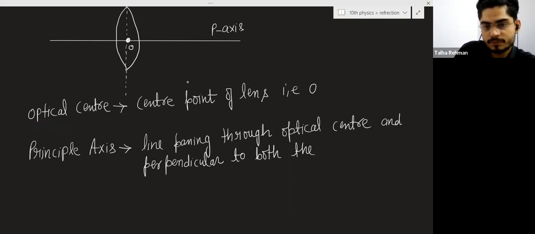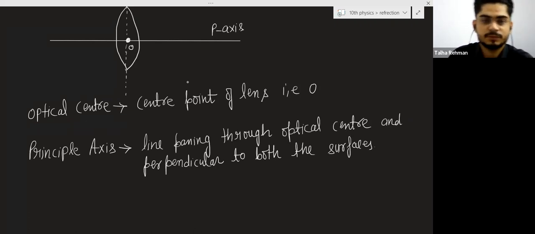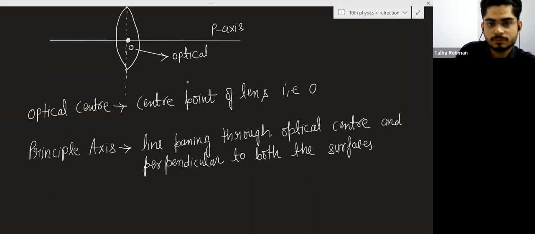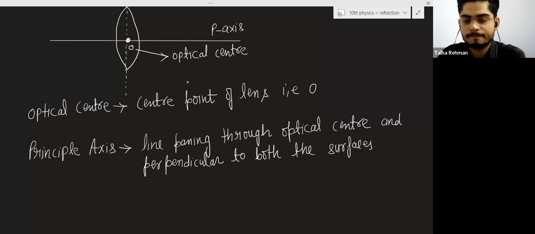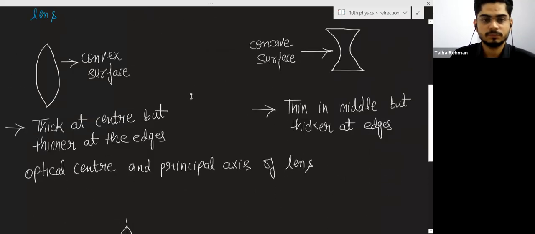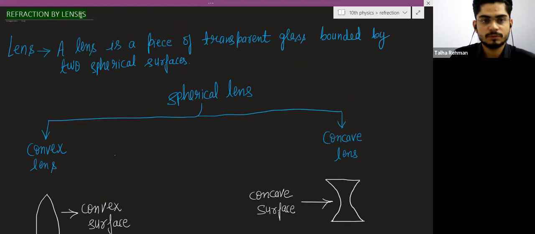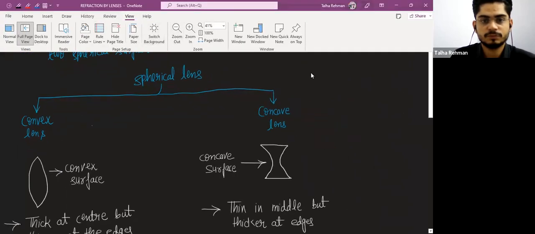So this is the principal axis, this is the optical center. In mirrors we have pole, in lenses we have optical center. So note it down.